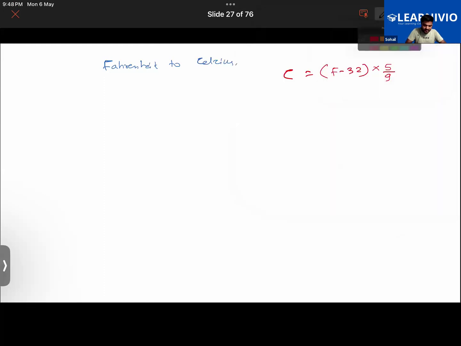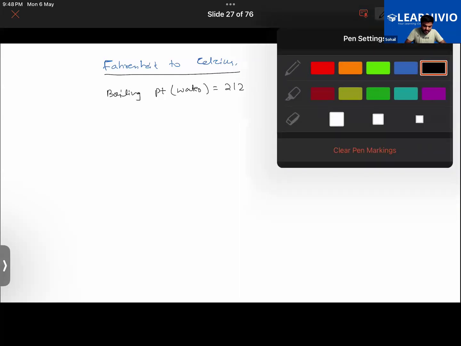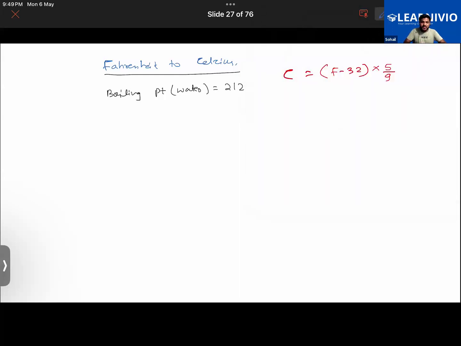Let's take an example. Like the one we have studied already: the boiling point of water in Fahrenheit is how much? 212. Now let's suppose you don't know what the value is going to be in degrees Celsius. Although you already know it, let's do the maths.